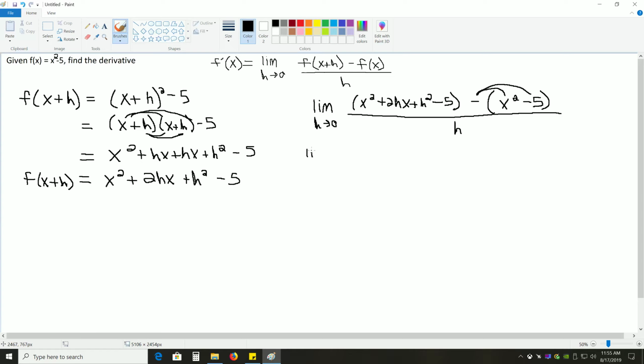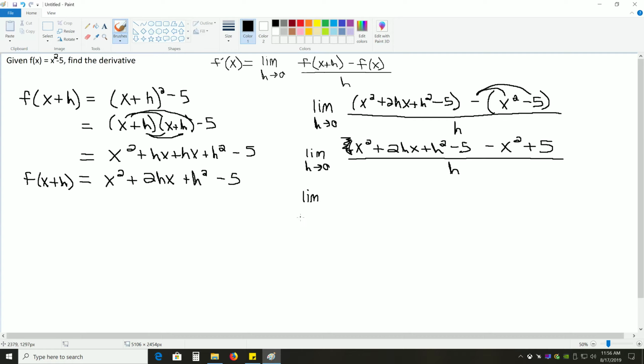Note that every time you do this, you have to keep writing down that limit as h approaches 0. I know it's annoying, but it is required. So we get x squared plus 2hx plus h squared minus 5, and we don't need these parentheses anymore, minus x squared plus 5, and this is all over h.